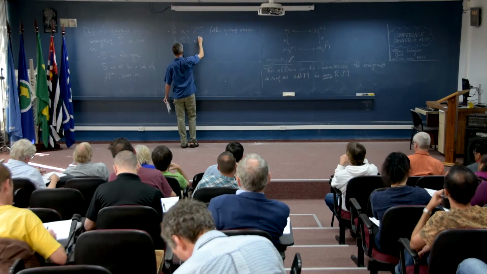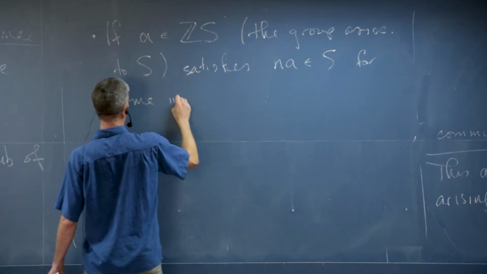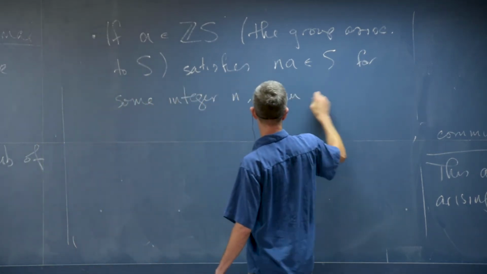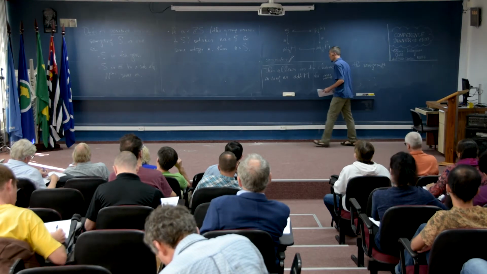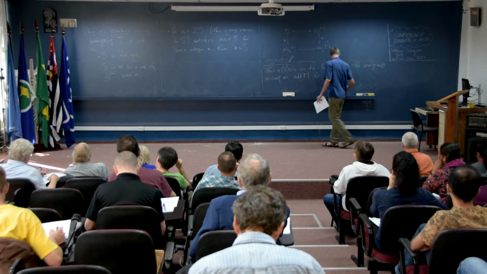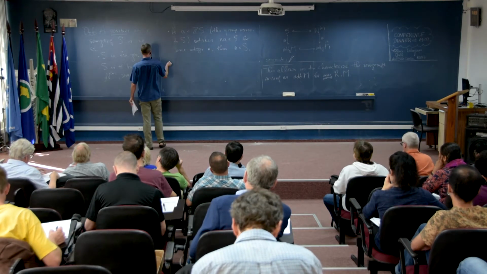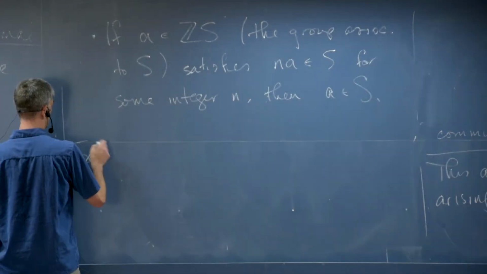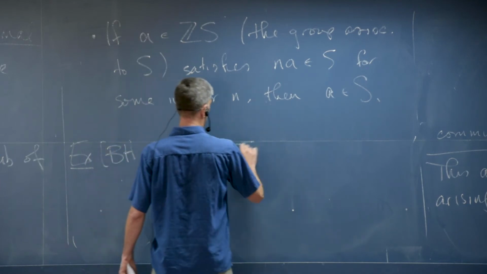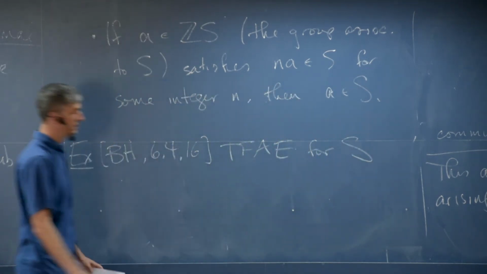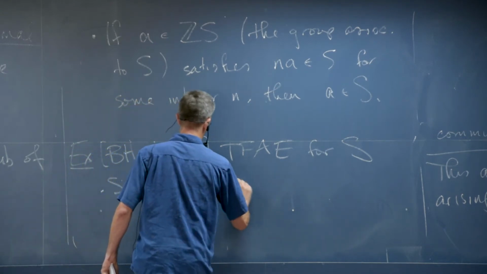If A satisfies nA living in S for some integer n, then A was actually in S. And it's an exercise, not an exercise I'm assigning this time, but one in Bruns and Herzog 6.4.16, that such things are exactly, well, let me tell you what they are.